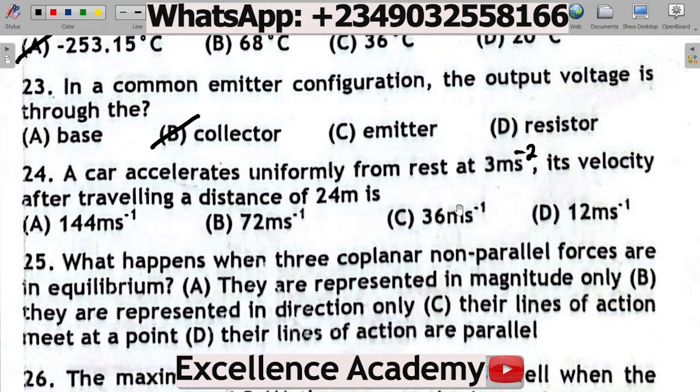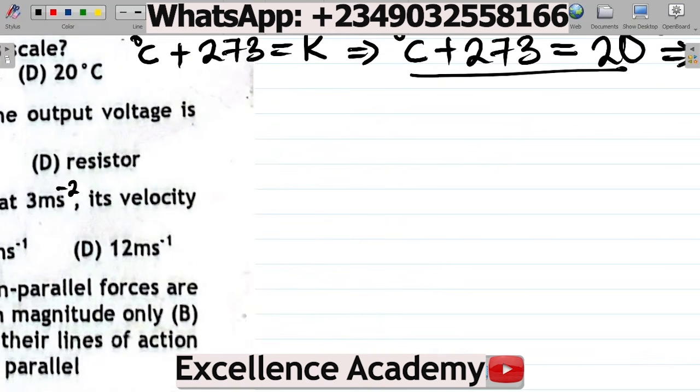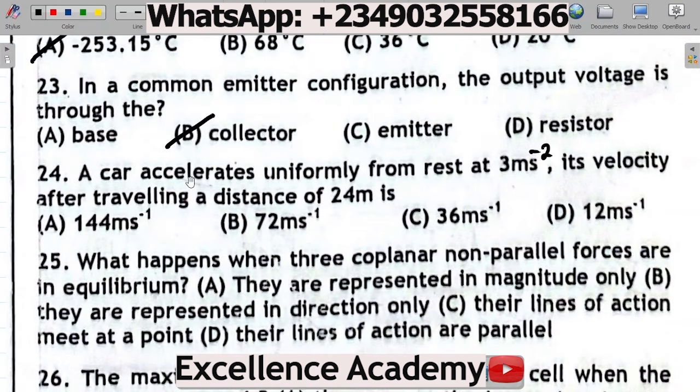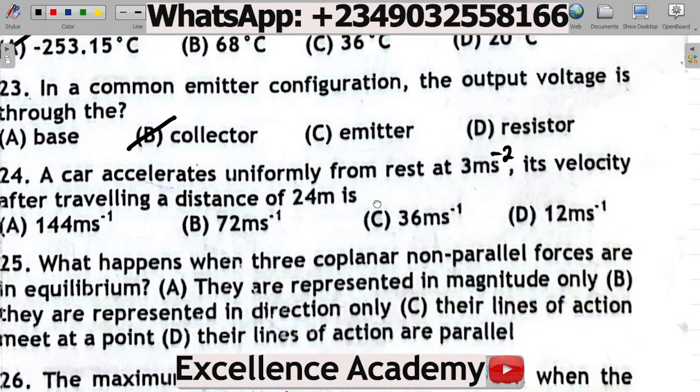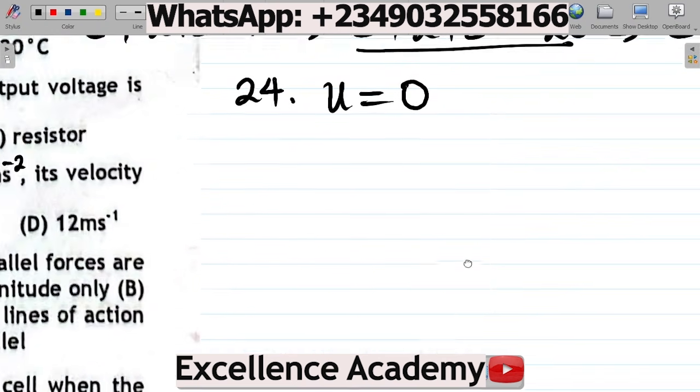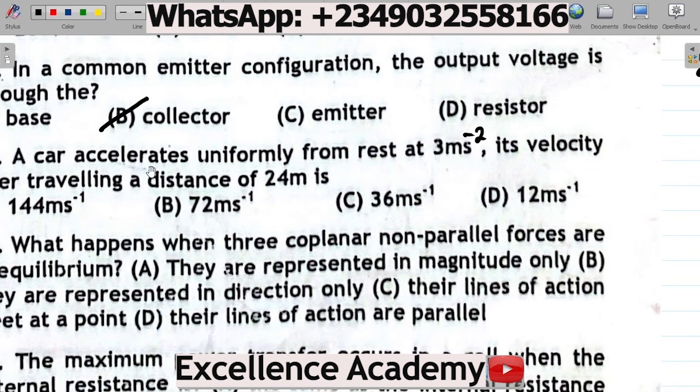All right. So for 24, how do we solve it? Let's list our parameters. The first thing: a car accelerates uniformly from rest. When a car starts from rest, we know that its initial velocity u is equal to 0. They said it accelerates, which is how I knew this is supposed to be meter per second squared.